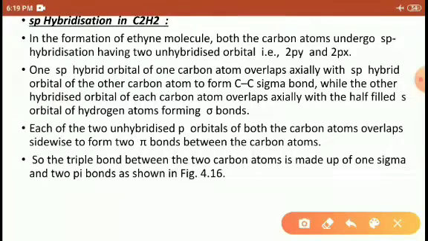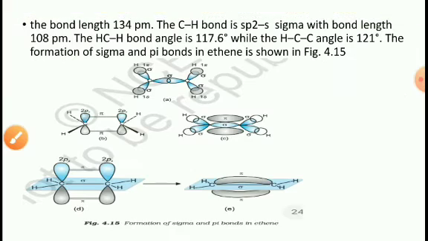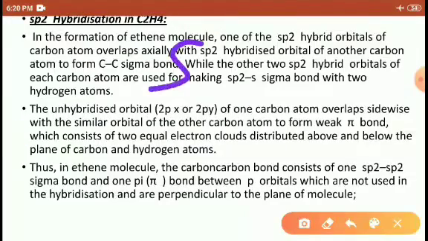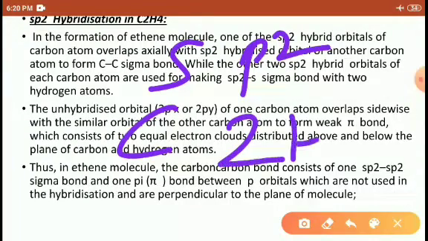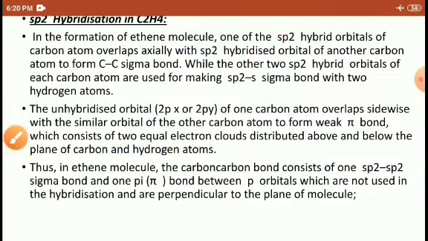sp hybridization. So in this sp hybridization, students, one carbon and one hydrogen are hybridized. In sp2, one carbon and two hydrogens, that is sp2, right, students?